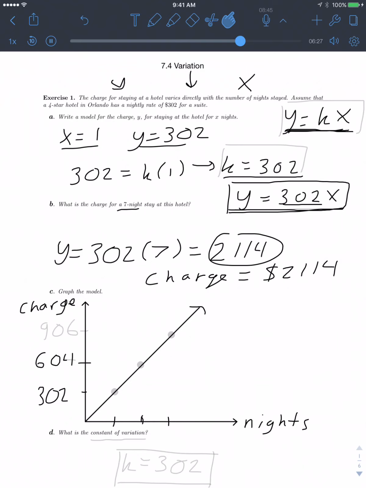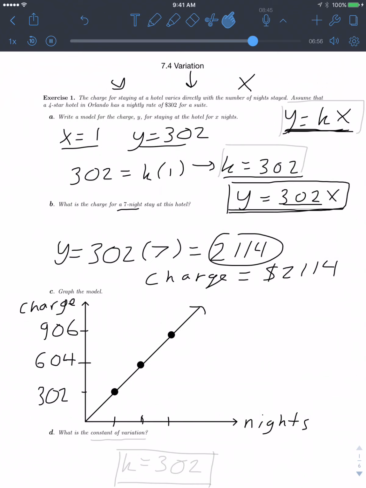After 3 nights your charge would be 3 times 302, or 906, and so on. So just to label a few of those, we've got 1 point right there, our second point that we calculated right there, and our third point just a little further along.